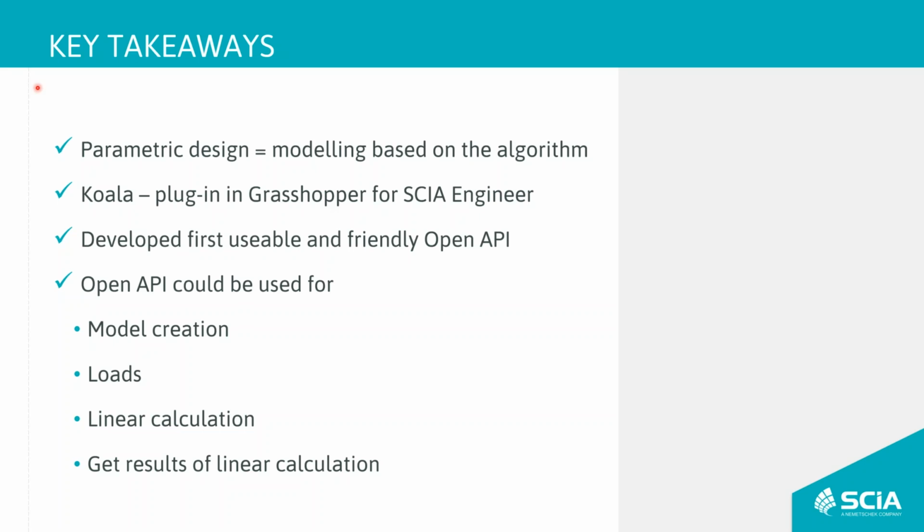We have created our tool Koala, which is a plugin for Grasshopper for the export of the geometry to SCIA Engineer through XML, or you can use it as a full circle: model it in Grasshopper, send it through XML into SCIA Engineer, calculate it, retrieve results, and do some other steps.